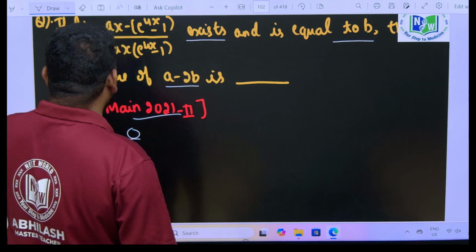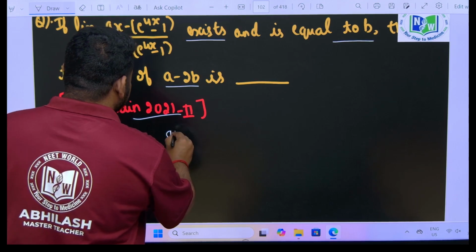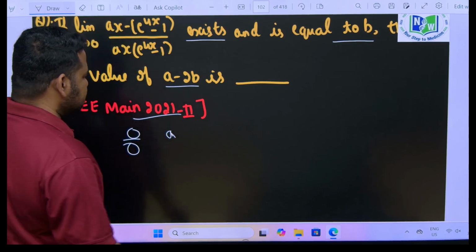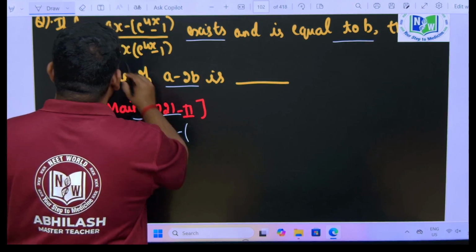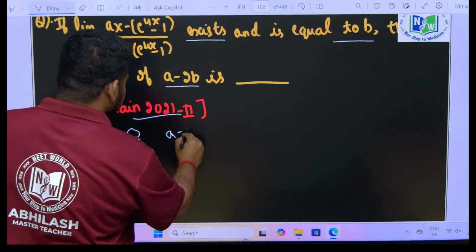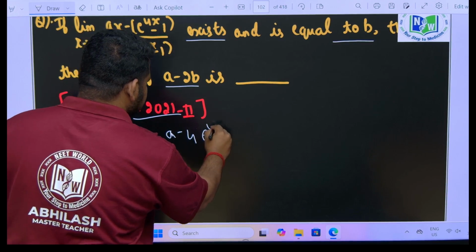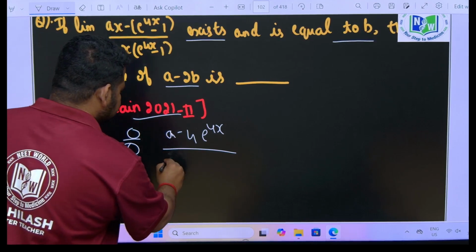If I apply L'Hospital's rule to this, what will happen? The numerator will become a into derivative of x, which is 1, so a minus e power 4x, whose derivative is 4 into e power 4x, and the derivative of 1 is 0. In the denominator, let a be outside as it is.